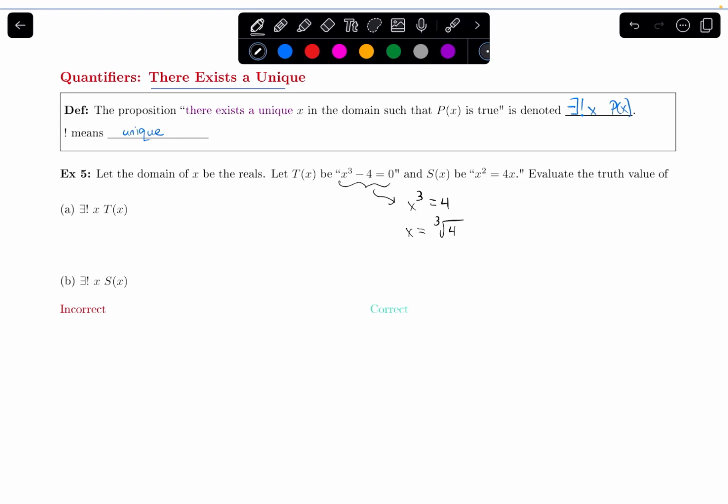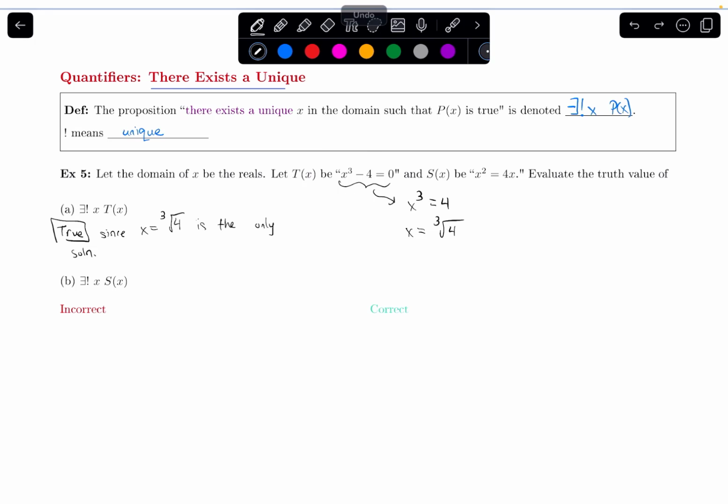This is the only answer, in other words, a unique answer. So part A is true, since x equals cube root of 4 is the only solution. It's the only value of x that's going to satisfy that equation.